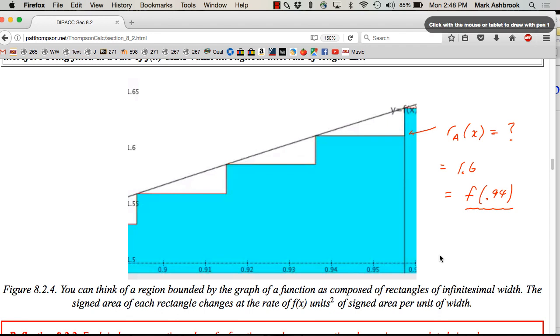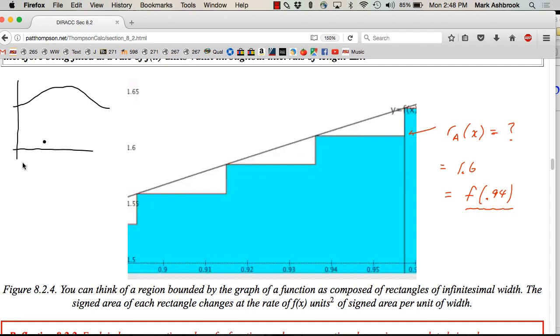Okay, so let's kind of summarize this here. So if we think about, we're going to start at A. And say here's our value t, right? Here's our value t.